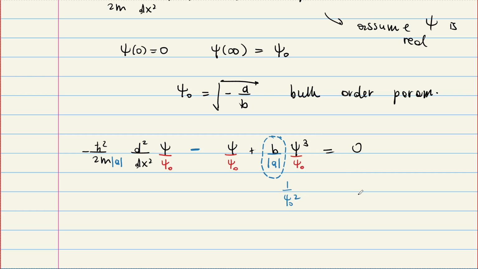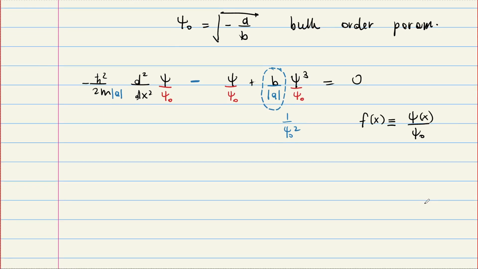Now I want to define a function f of x as psi of x divided by psi naught. I also want to define the derivative. So let me define xi, which is going to turn out to be the coherence length in a little bit.